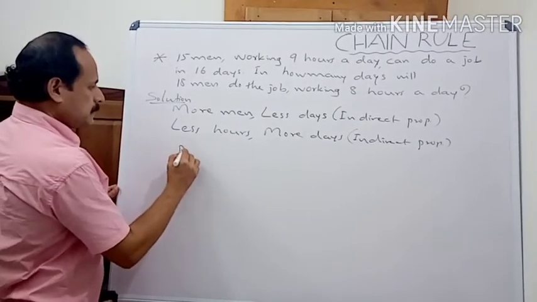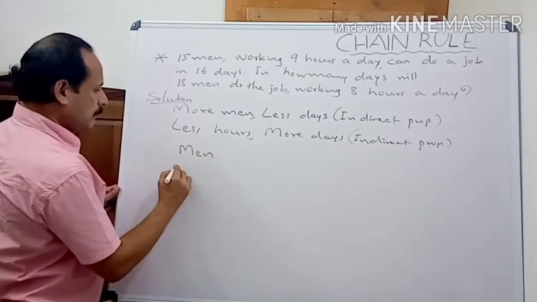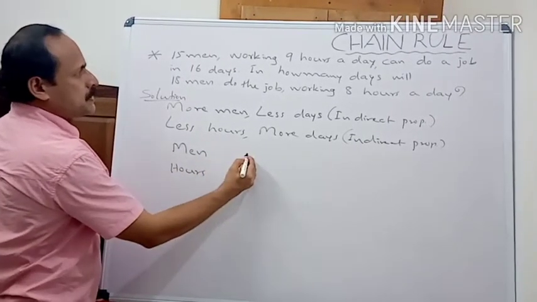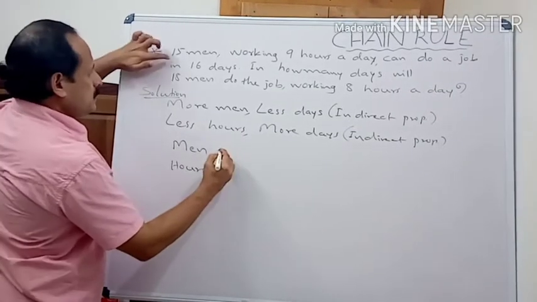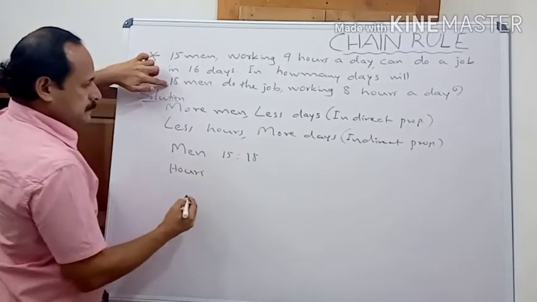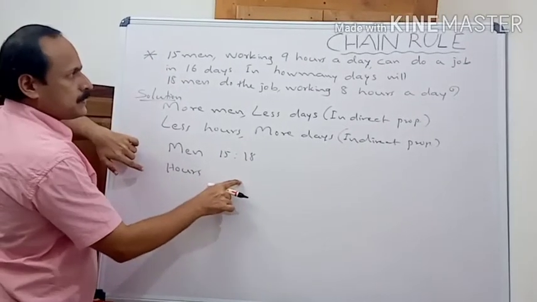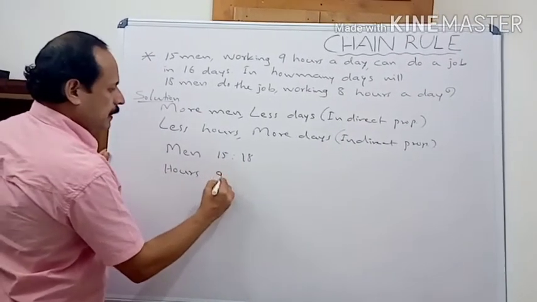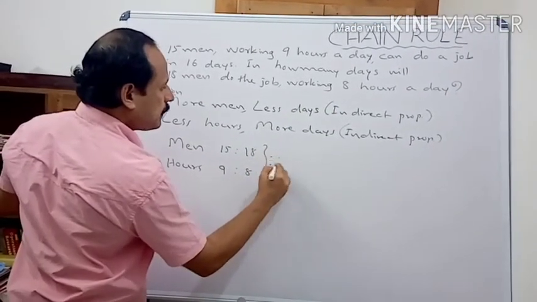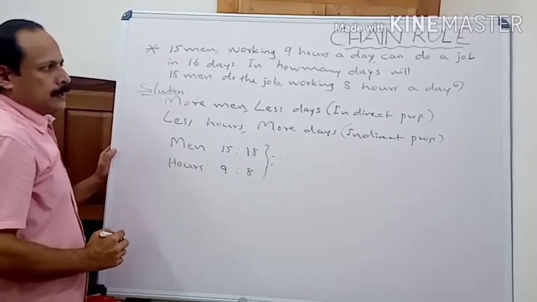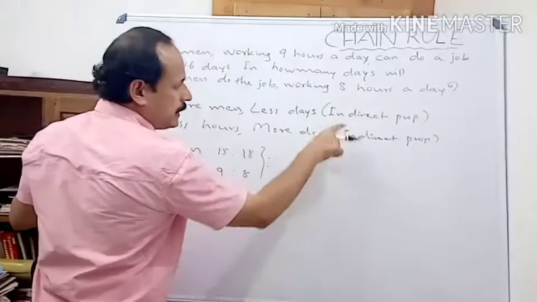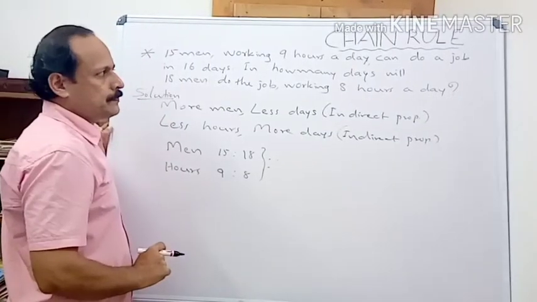Next, we present the given problem like this as in the previous problem. First men, then hours, and write here the ratio of number of men, that is 15 is to 18. And here write the ratio of hours per day, 9 is to 8. Then write like this. And here we have indirect proportion.